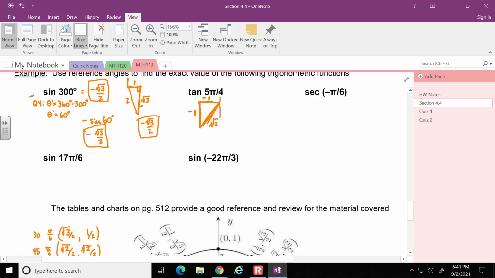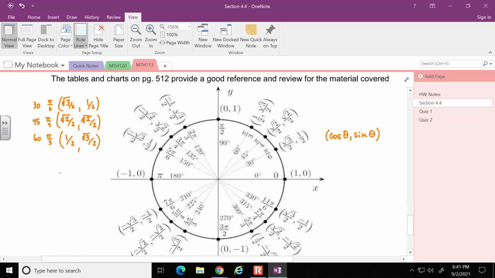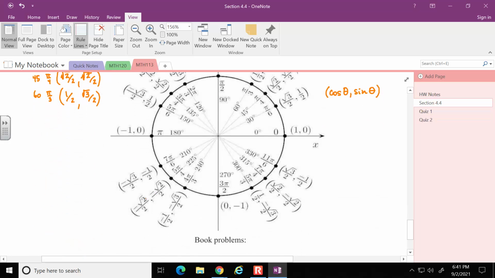It's negative and negative, based on the coordinates. So that's opposite over adjacent, so it's negative 1 over negative 1, or 1. If I come in here, tangent of 5 pi over 4 is y over x, so it's negative square root of 2 over 2 divided by negative square root of 2 over 2, which is 1.